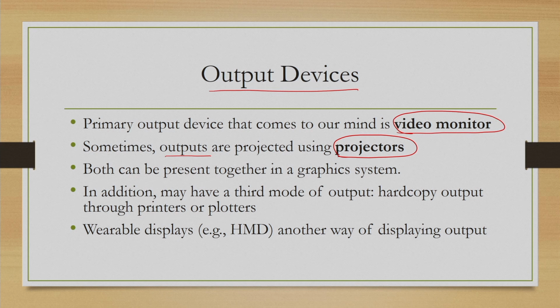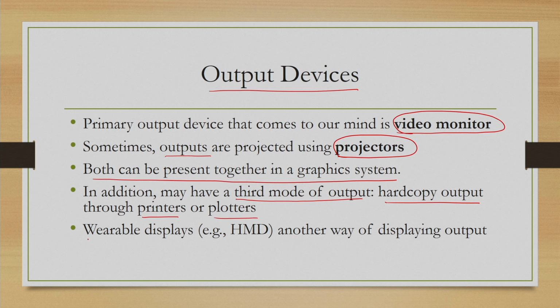Of course, as we all know, both can be present together in a graphics system, both the monitor as well as a projector. In addition, there may be a third mode of output, that is hard copy output. We are already familiar with them. One is printer, other one is plotters.